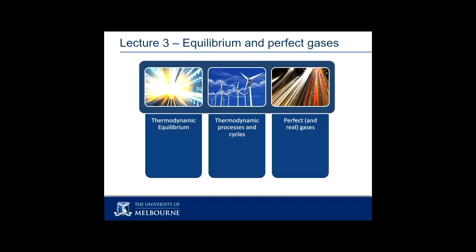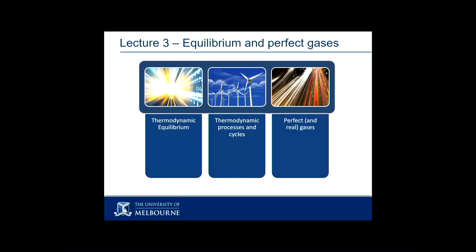Once we've had a look at that, we'll look at the most common processes that we'll analyse, and then we'll play around a little with the rules that define a perfect gas. We do that because we have two major working fluid sets in thermodynamics.